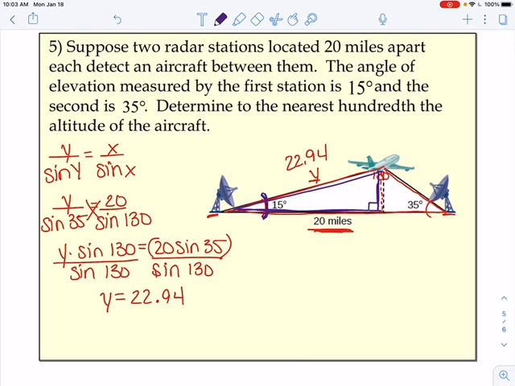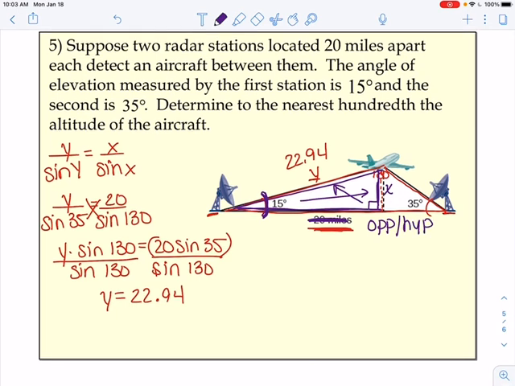The angle that I know something about in this triangle is 15. I'm looking for that height, which I'm going to call x. This 20 is not part of that purple triangle, it's part of the red triangle. So with relation to 15, x is the side directly opposite, and that 22.94 that I just found is my hypotenuse.